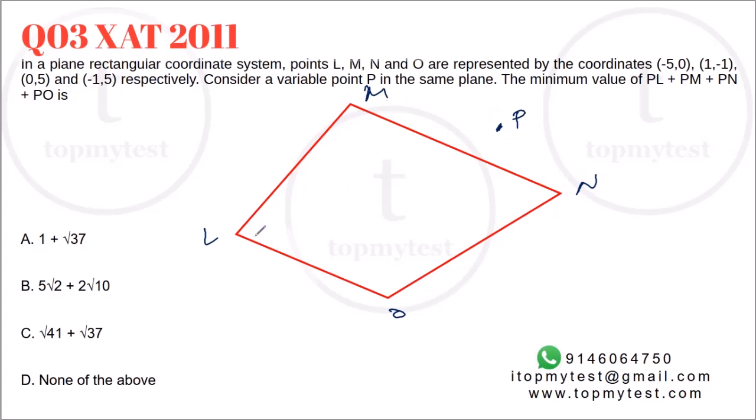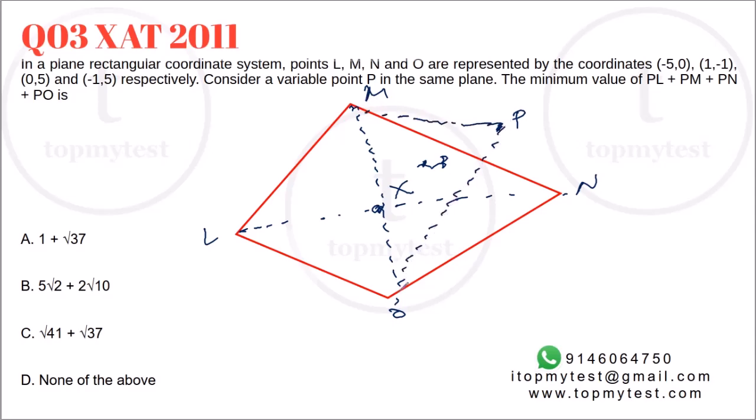Now if you consider a quadrilateral and look at the meeting point of the diagonals, let's call it X. If I put P here itself, we know that because the sum of any two sides of a triangle is bigger than the third side, MO will be lesser than PM plus PO.